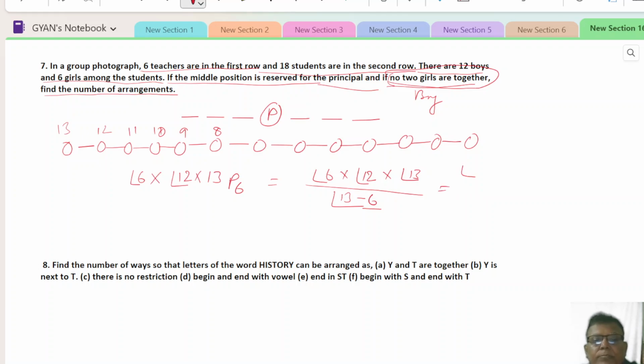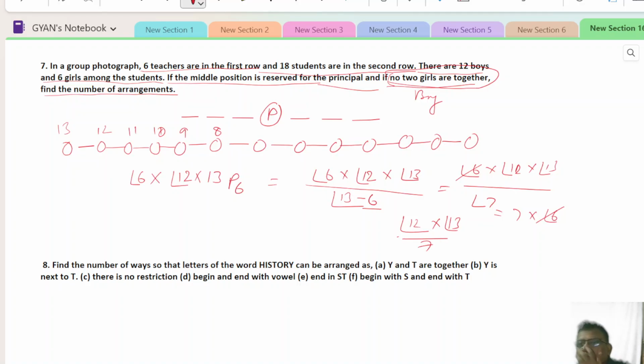So that is equal to 6 into factorial 12 into factorial 13 divided by factorial 7. Factorial 7 you can write as 7 into factorial 6. Factorial 6, factorial 6 get cancelled. Then the solution will be 12 into factorial 13 divided by 7. So this is the answer.